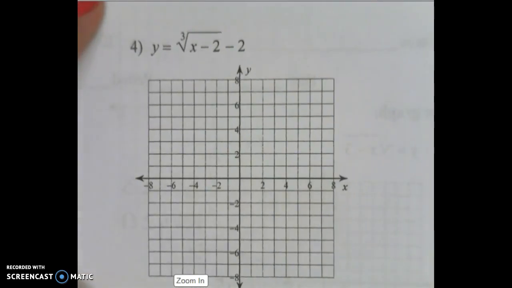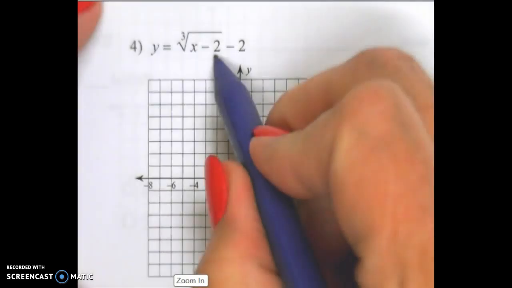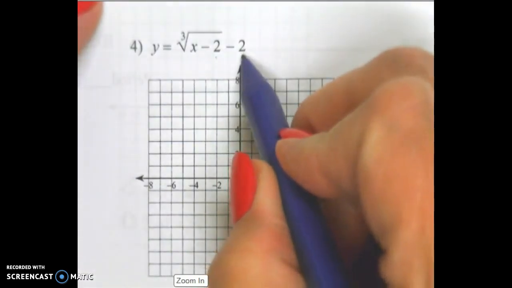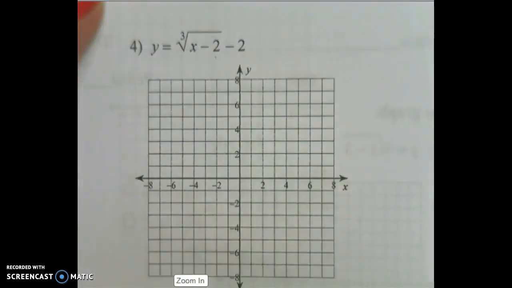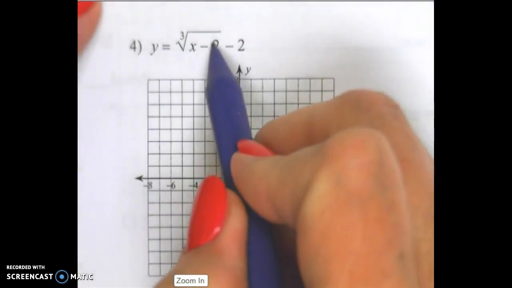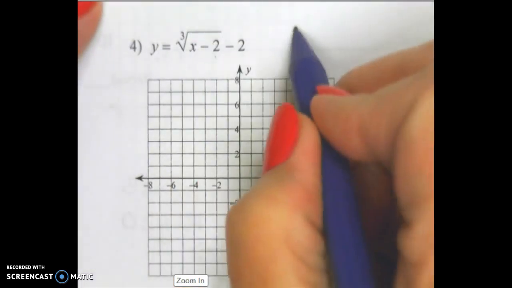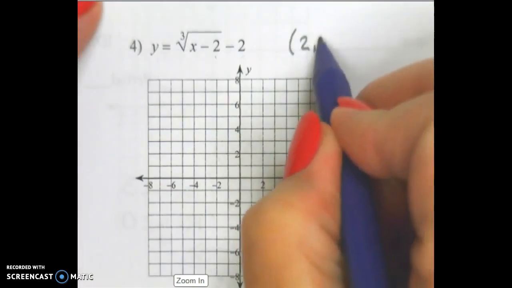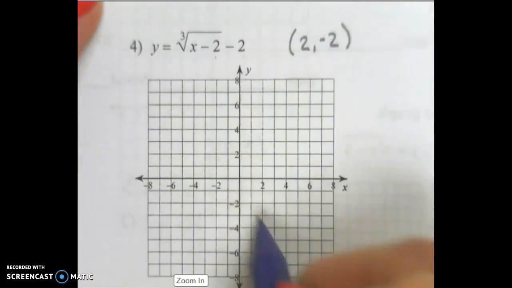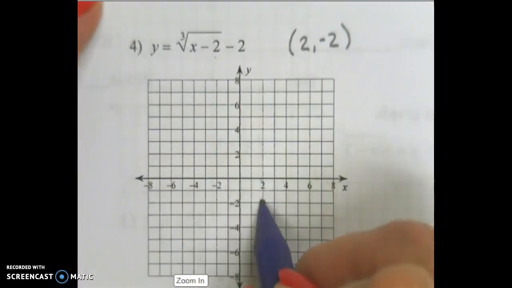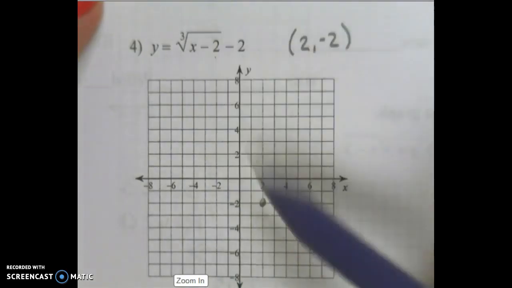The cubed root of the quantity x minus 2, minus 2. Well, I've got to find where that wiggle occurs. So opposite of what's inside and keep what's outside. So 2, negative 2. Put my dot. Now this is going to be where my graph is going to make its wiggle.